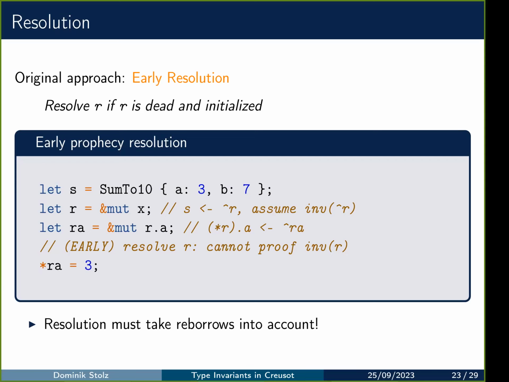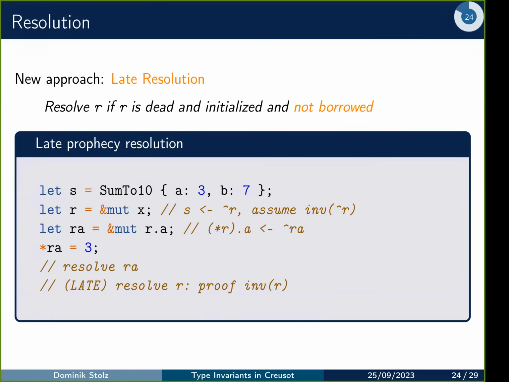Only after that write can we know the final value of RA. So resolution must take reborrows into account, and we should only resolve R after we resolved RA, after the write to RA, because only at this point do we have enough information to prove that the invariant of R holds.